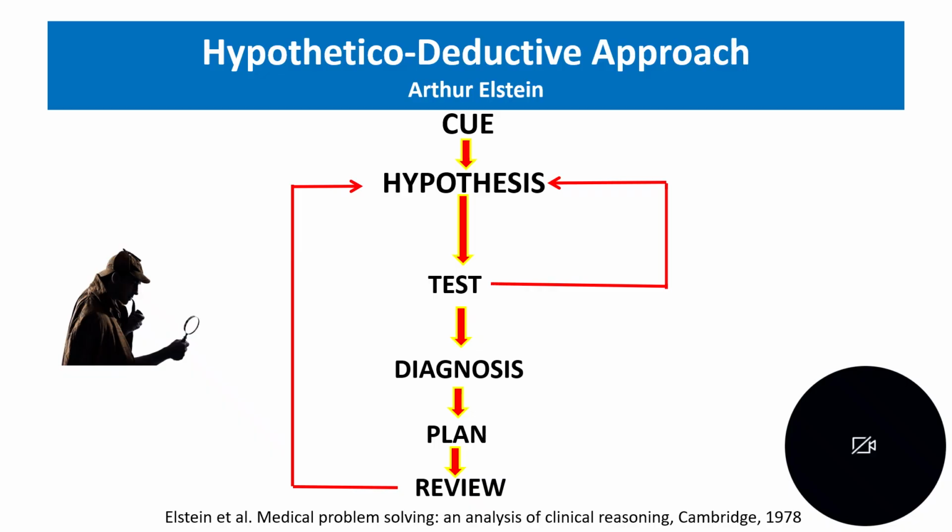This was popularized in the 1970s by an educational psychologist by the name of Arthur Elstein, who overheard at lunch in the cafeteria, one of his medical professors bemoaning the fact, this is in the 1970s, that computers had just come out. They're just getting accustomed to floppy disks rather than hard drives, much less thumb drives, much less stuff in the cloud.